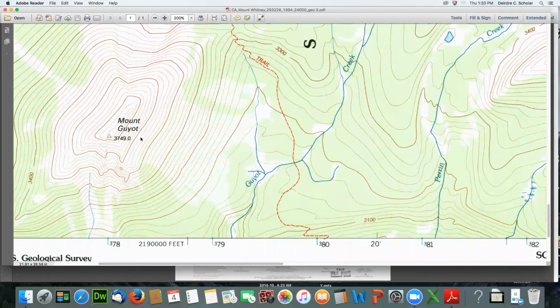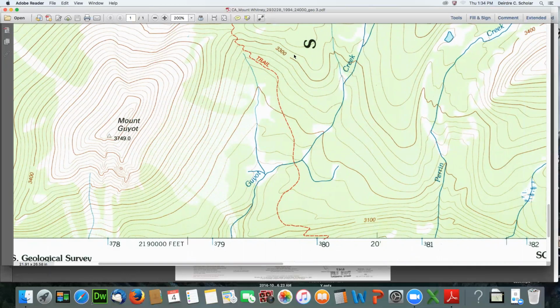Here is Mount Guyot, and here is Guyot Creek. We can see the V shapes of the contour lines, so we know that the water is flowing downhill in this direction, towards the opening of the V's. But the actual lowest area happens to be right about here on the edge of the map.